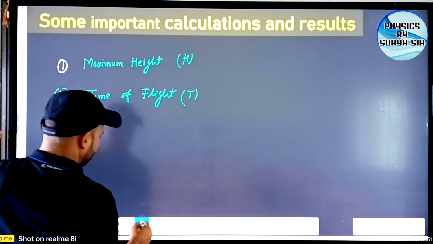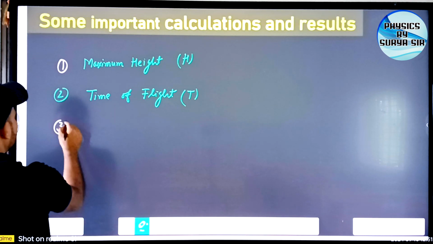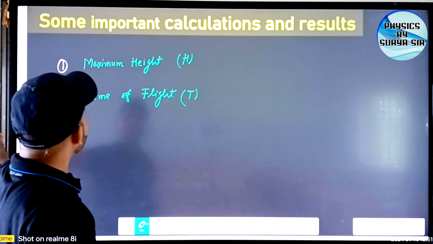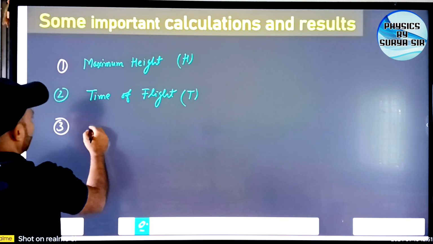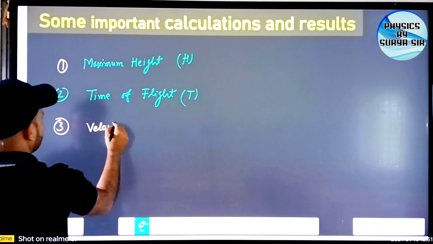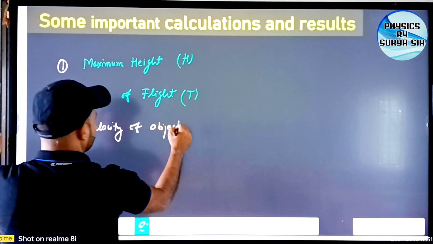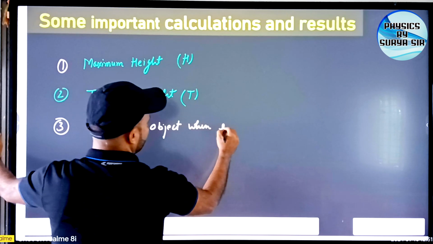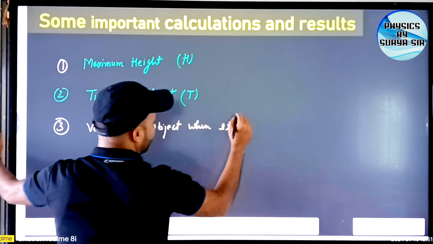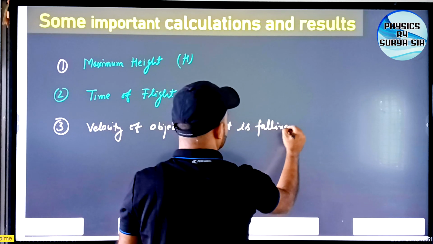And third one will be the velocity of the object when it is falling on the ground.